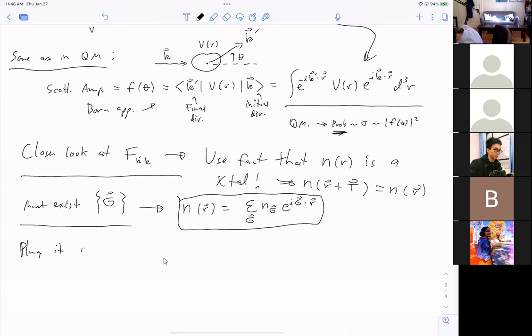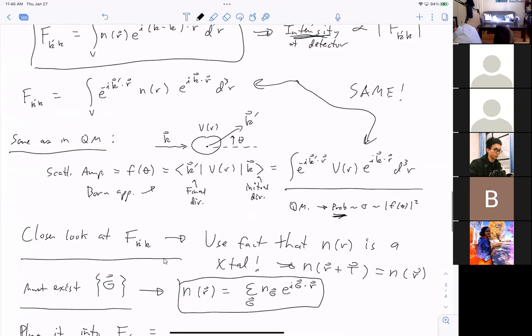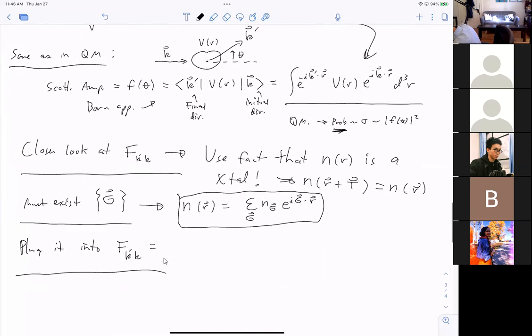Okay, so now let's plug that into F and let's see what we get. You get something really cute. The expression for F is the integral over volume of n of r, which is now the sum over G of n of G e to the i G dot r.